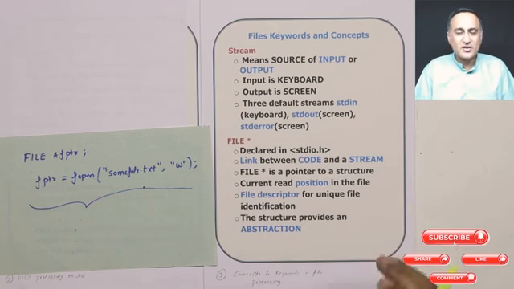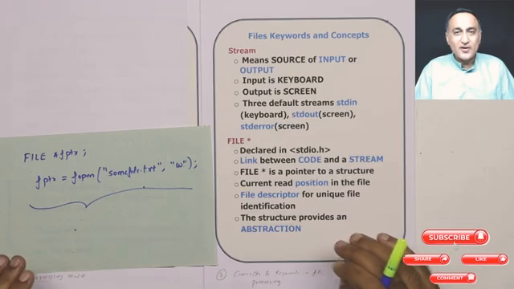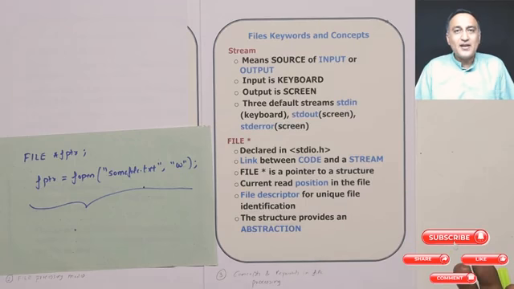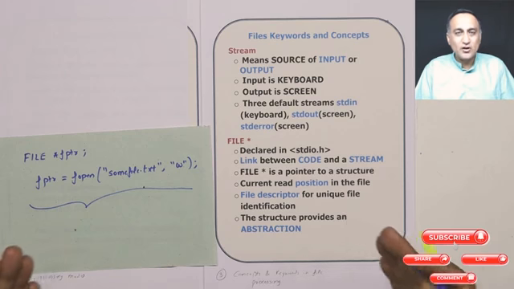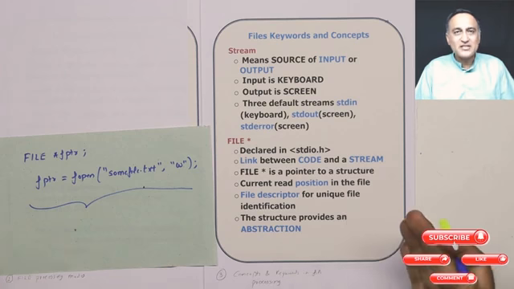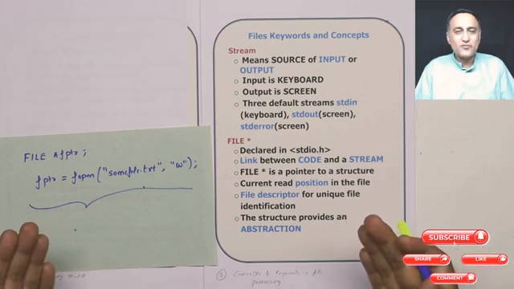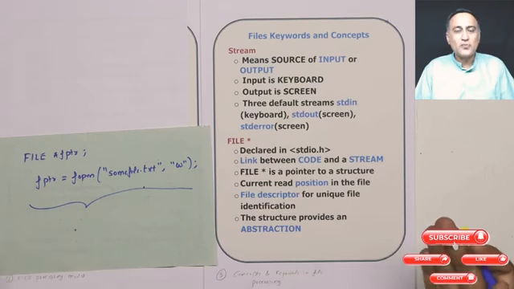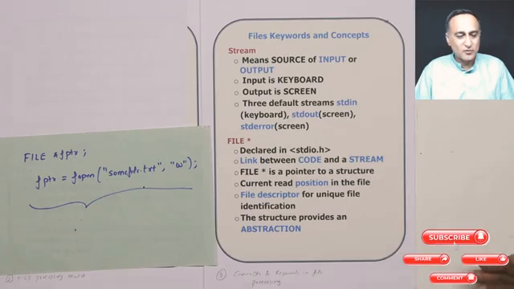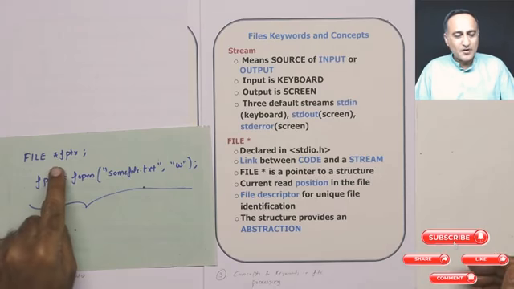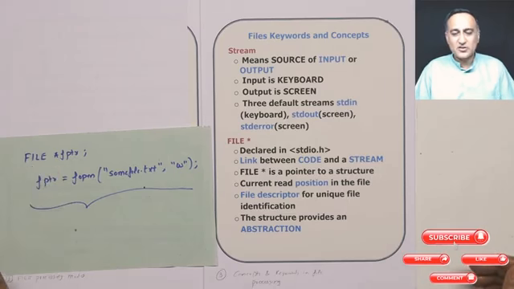Now, when you're typing from the keyboard, it's a series of characters. So when you use this FILE star, you begin to feel as though you are getting input from the keyboard without really entering anything. It hides all the complications of the operating system and the details of how the file is to be talking to the program. And that is the advantage of using this pointer to a FILE type of structure.